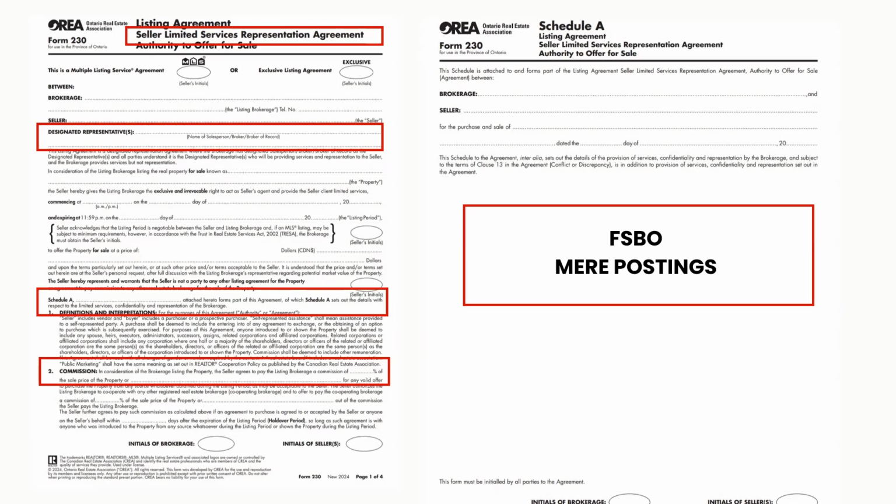Then in Schedule A, frankly, this is not limited to just the limited services representation agreement. This is referencing all listing agreements. This is something I'm getting questions on.